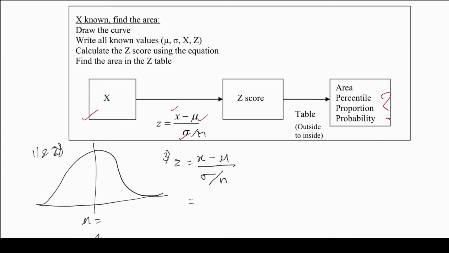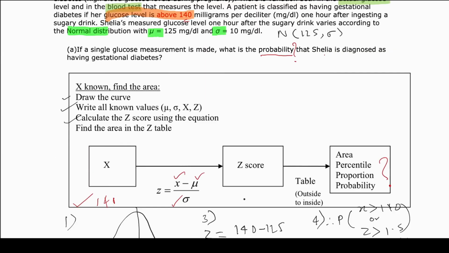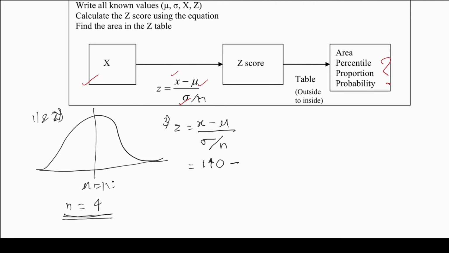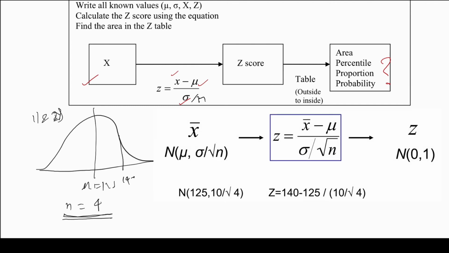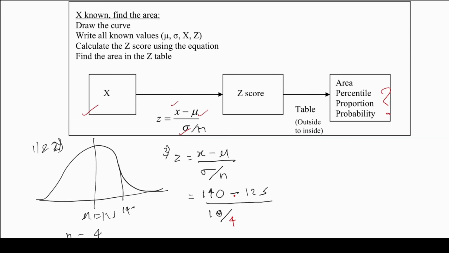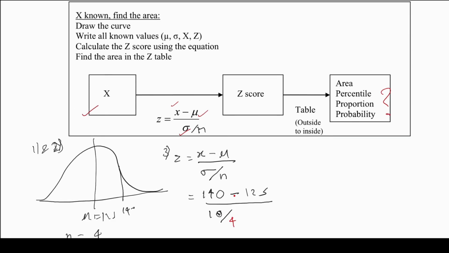Once you know this formula, you just substitute and it's pure math. So x is again 140, mu is 125, sigma is again 10, that's given in the question stem. And what is different is the n here, which is given only for subtype B, and it's actually the square root of n.